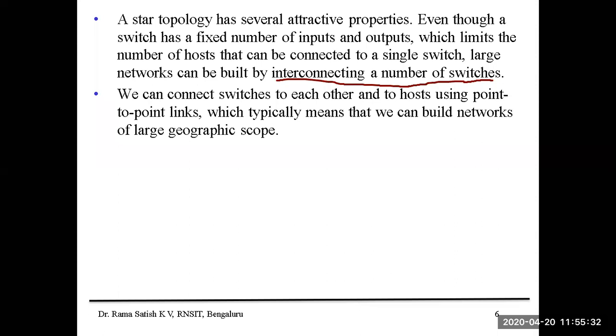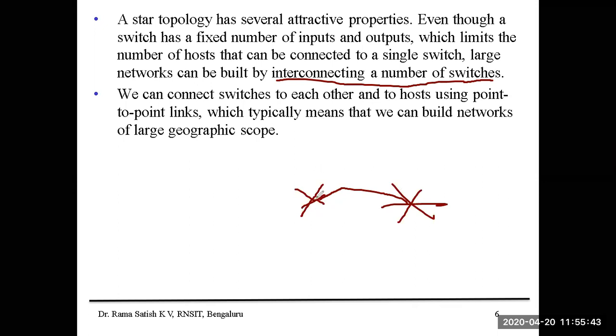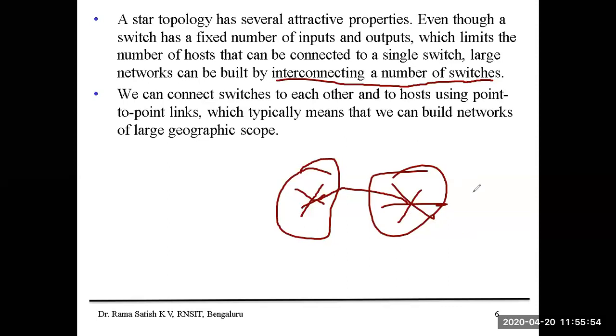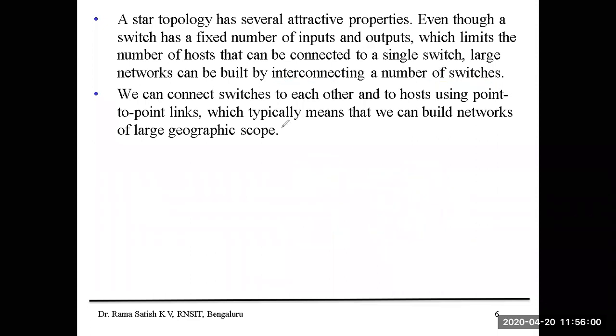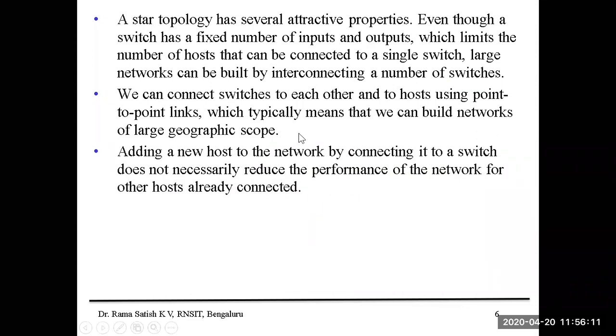So when we have one star topology and another star topology, one switch can be connected to another switch as a point-to-point link. Two switches can be interconnected by a point-to-point link, which enables the extension of two networks. So we can extend networks across a very large geographical area. That is one very important thing that you should understand.